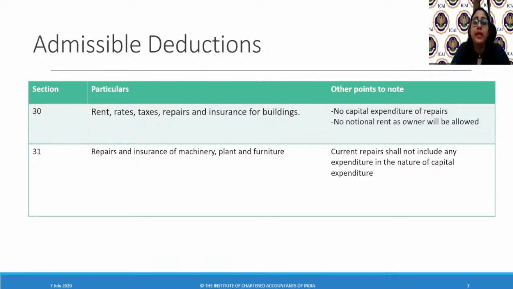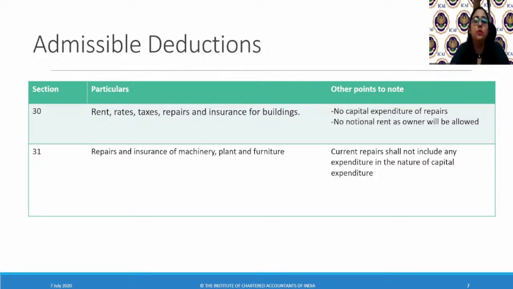But rent, if I am conducting business in my own premises, this property is my own, then rent for that building, which would basically be notional rent, I will not claim as deduction. Notional rent not allowed as deduction. Clear? Yes. Now building is done.